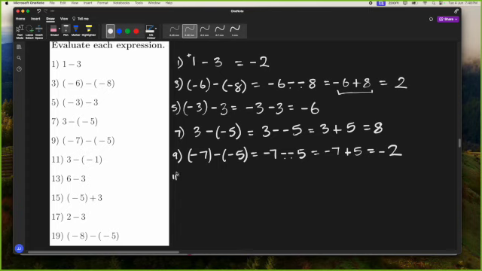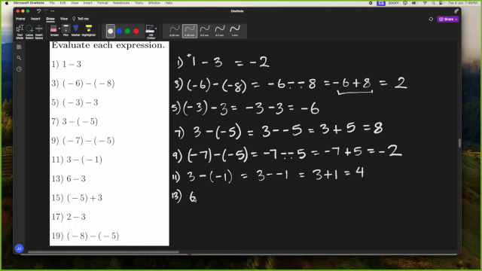Number 11, you have 3 minus brackets -1. Just remove the brackets. 3 minus -1 gives us 3 plus 1, which is 4. Number 13, 6 minus 3.